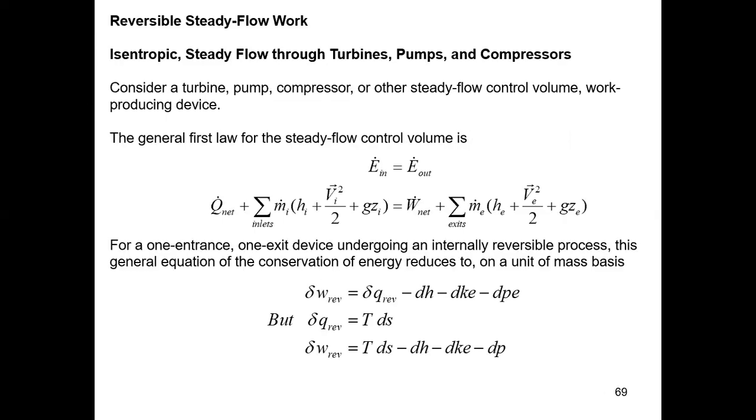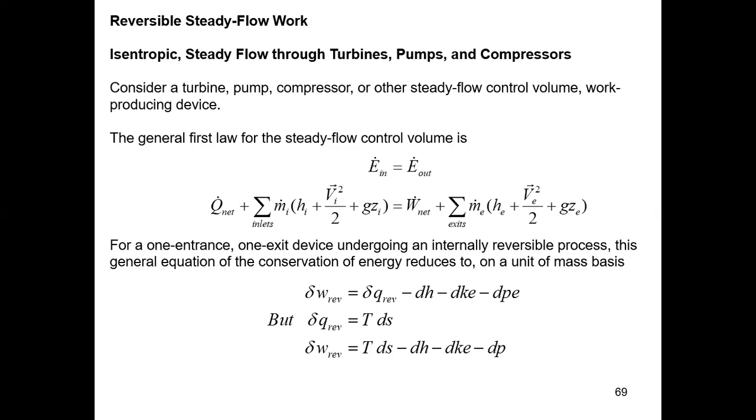So, consider a turbine, pump, compressor, or other steady flow control volume work-producing device. The general law for a steady control volume is E dot in equals E dot out: the energy rate coming in is equal to the energy rate going out. The dot means rate.